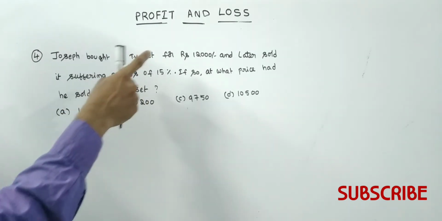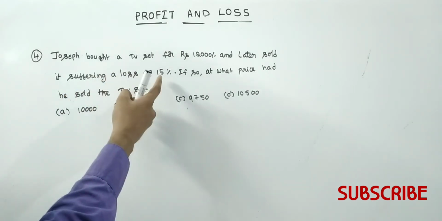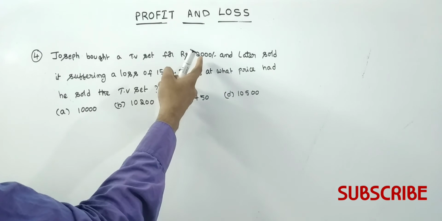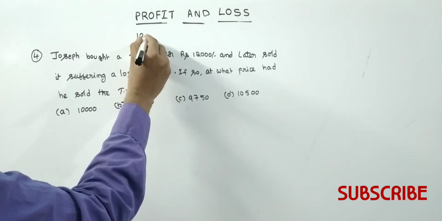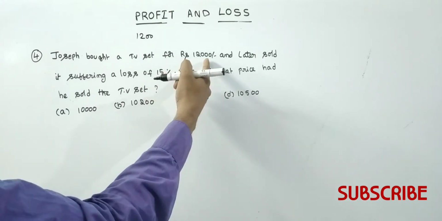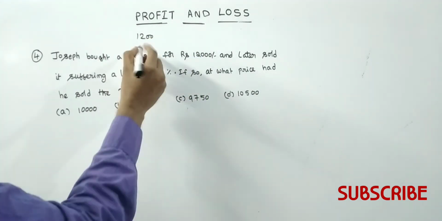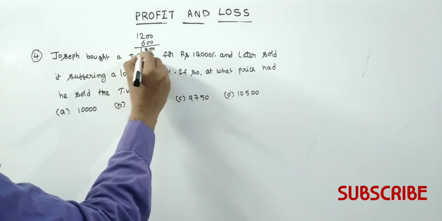See friends, here cost price is 12,000. After selling that item, he has got a loss of 15%. That means 15 percentage of 12,000, how much? See friends, 10 percentage of 12,000 is 1200. Then 5 percentage means half of the 1200, that means 600. Then total 15 percentage equals 1800.